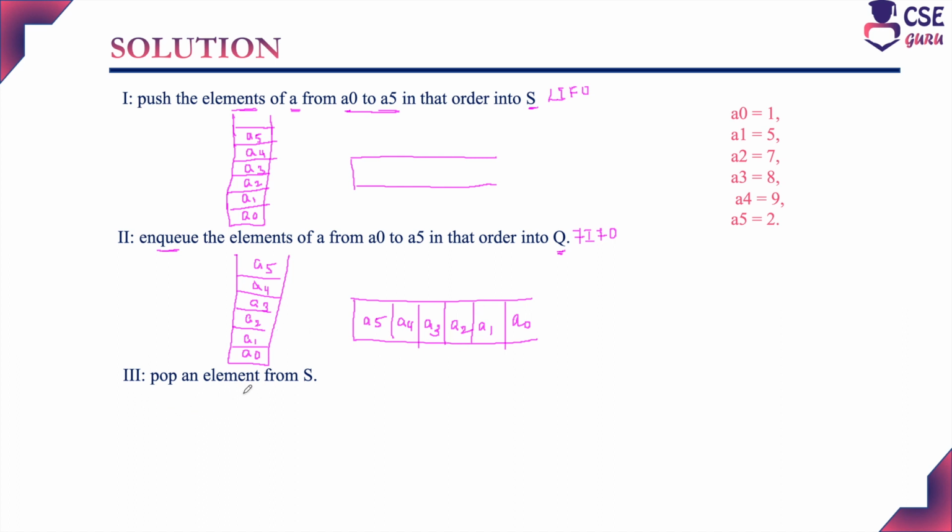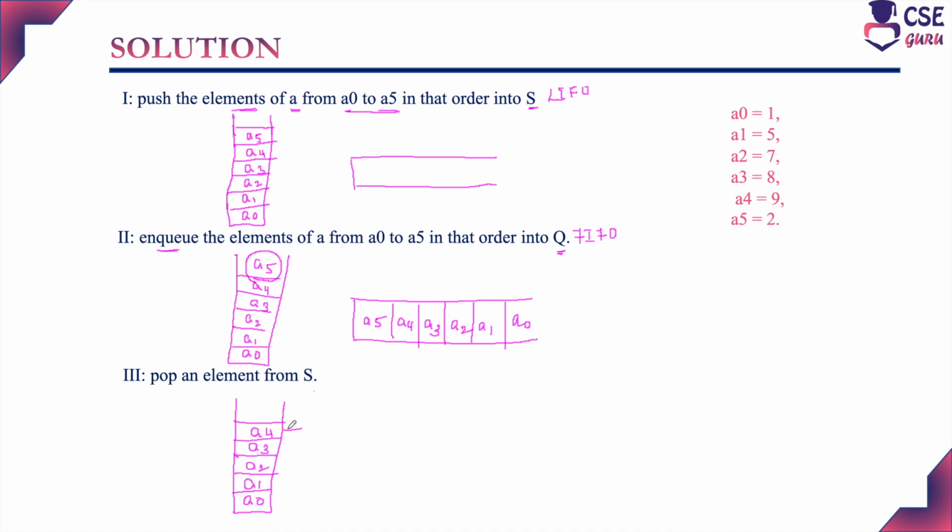Next, consider the third operation: pop an element from S. When popping an element from S, the top element will be popped. The top element of the stack after the second operation is A5. If we pop it, the remaining elements in the stack are A0, A1, A2, A3 and A4.